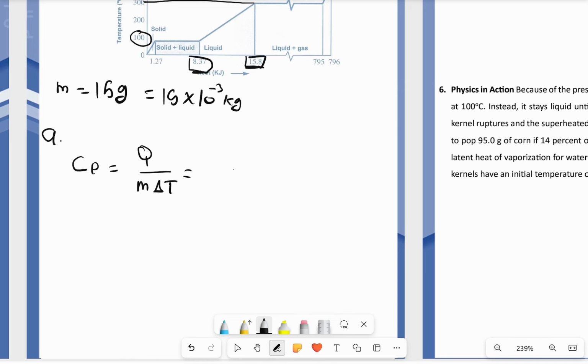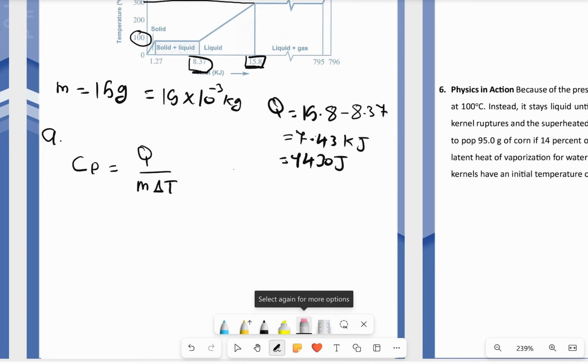So for finding Q, I'm going to say Q is going to be 15.8 subtracted by 8.37, and you get 7.443 kilojoules. Change this to joules. This is going to be 7,430 joules.